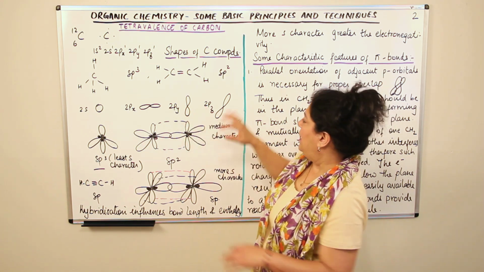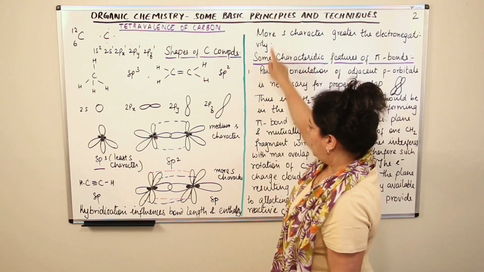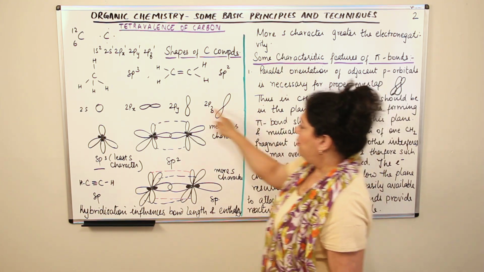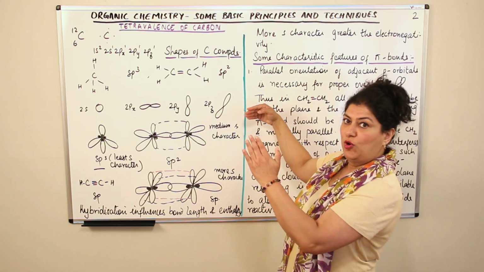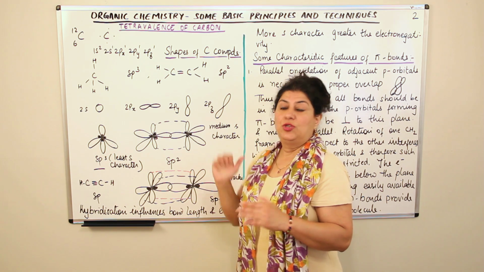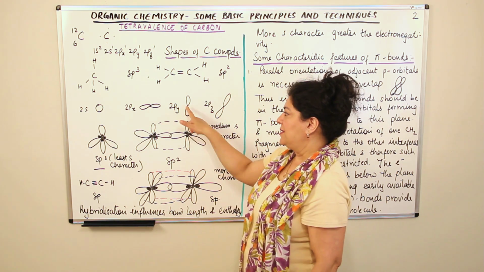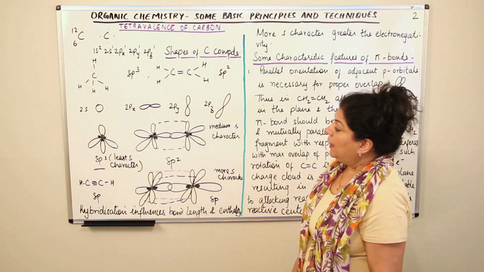So if this is, let us say, the plane, and px is in this direction, py is in this direction, then pz will be 1/2 lobe in front of the board and 1/2 lobe behind the board. So along the 3 axes, that is how we show it in 2 dimensions.